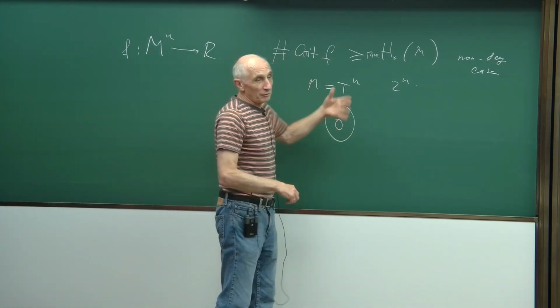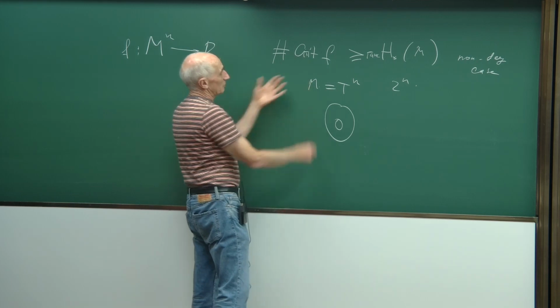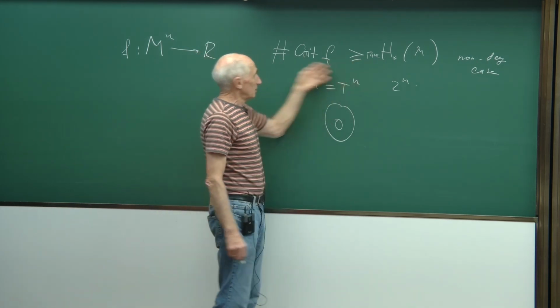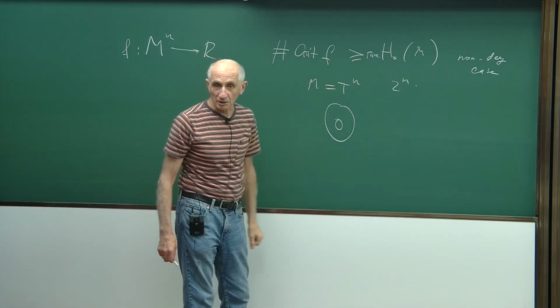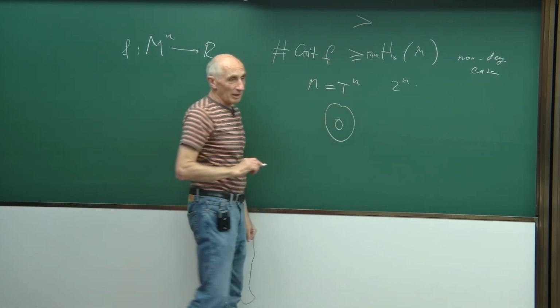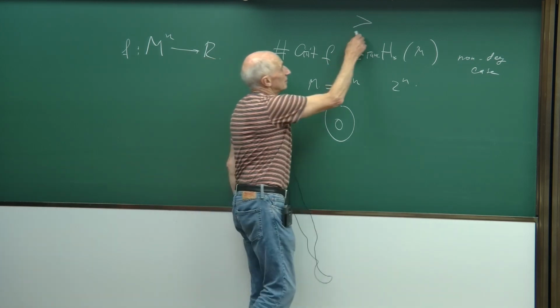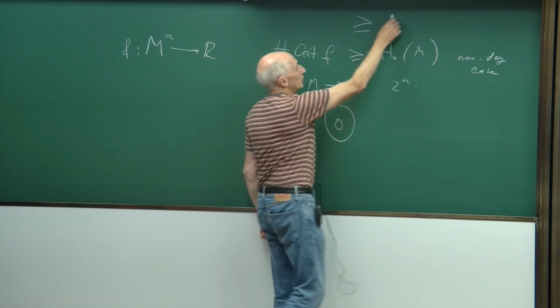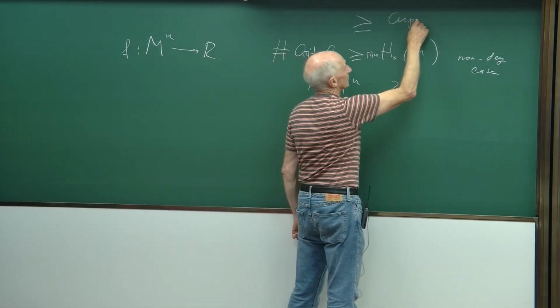So there is another bound, a minimal bound not assuming non-degeneracy, and this bound is a well-known bound in terms of cup length.